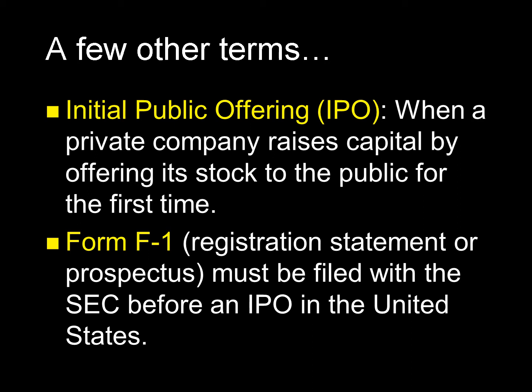And when there's an IPO, the company files something called the Form F1, or the registration statement, or the prospectus that's sent out to the potential investors. That has to be filed with the SEC before there's an initial public offering in the United States. And occasionally, we'll see an important IPO.